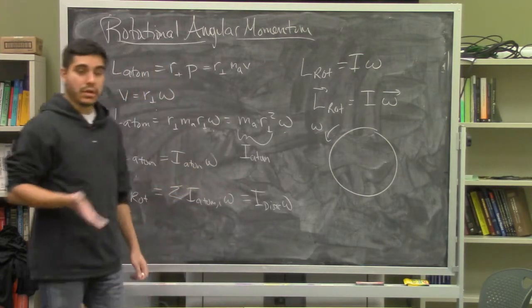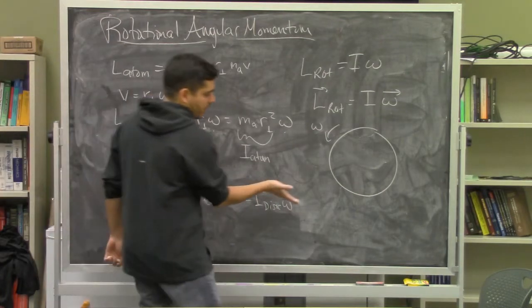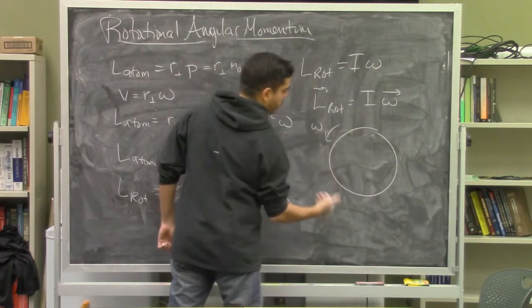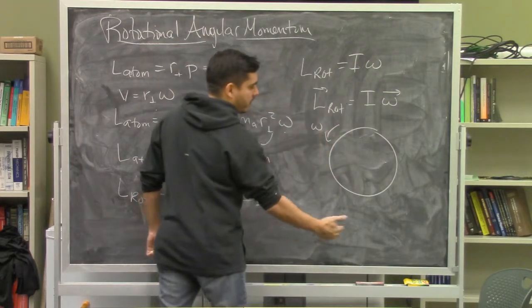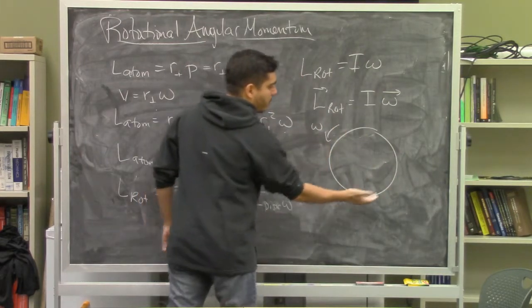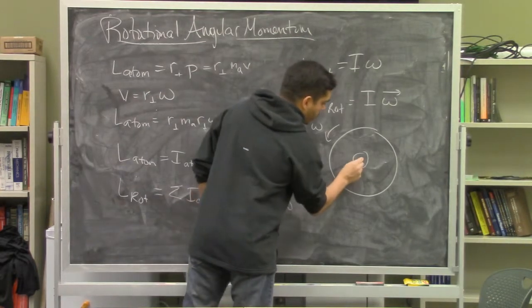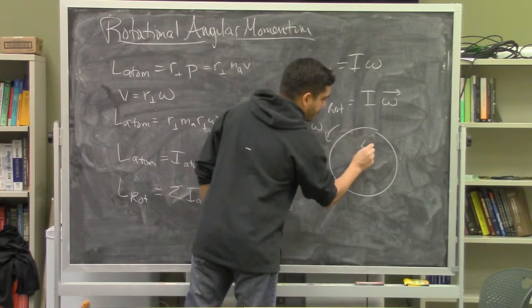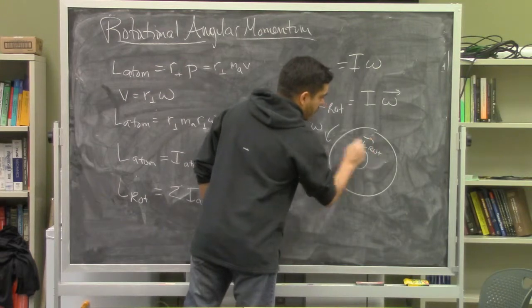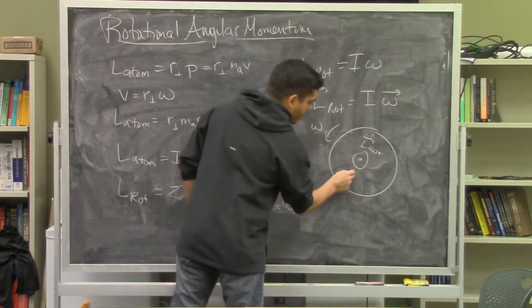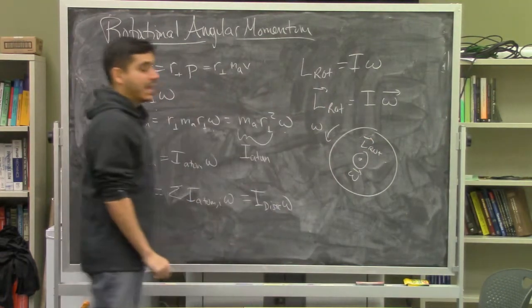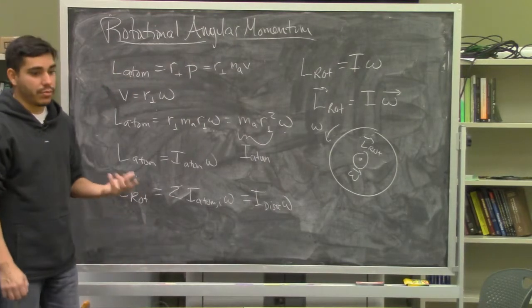So we're going to introduce another right-hand rule, which is if you curl your fingers around the direction in which something is rotating, it'll give you a sense of what that angular momentum is going to be. The angular momentum of this system is out of the board. And therefore, omega, the angular velocity, is also out of the board.